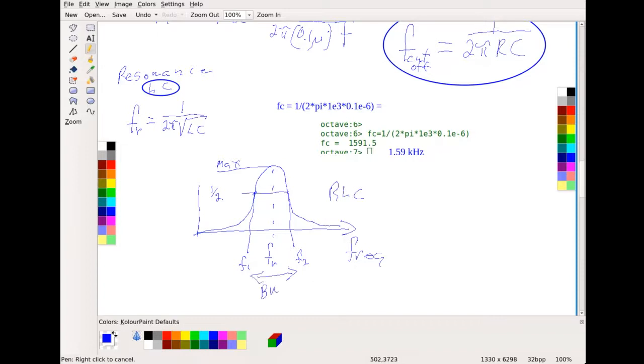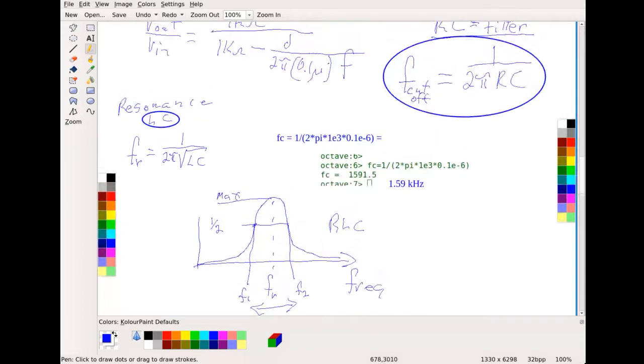Okay. So Josh, you're asking, that's a 1. This is a 1 here, not an L. Yeah, I gave the resistor up here. No, it's a +3, Josh. 1 kilo ohm.